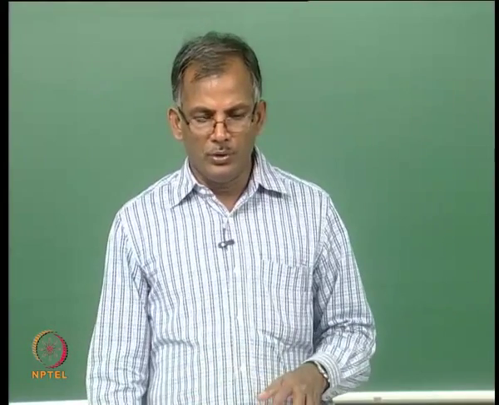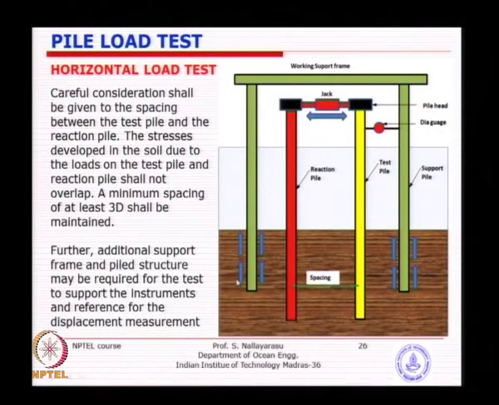Otherwise, when the pile is trying to bend, it puts undue pressure on the soil, and that soil gets affected, and the lateral capacity is going to be affected to some extent. That is why we have to have a minimum of 3 diameter or 4 diameter or 5 diameter.